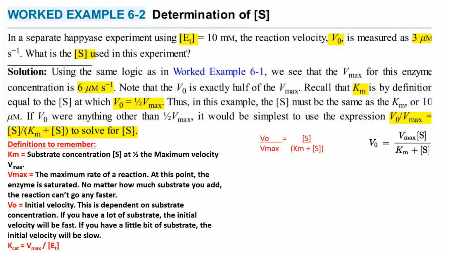However, if you had not made that observation, or if you had different values, then you would use the expression V0 divided by Vmax is equal to the substrate concentration divided by the Km plus the substrate concentration. So that's the same Michaelis-Menten equation, but you just move things around.